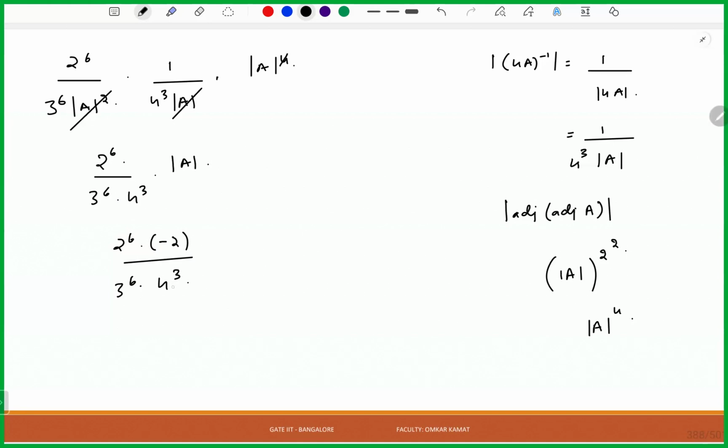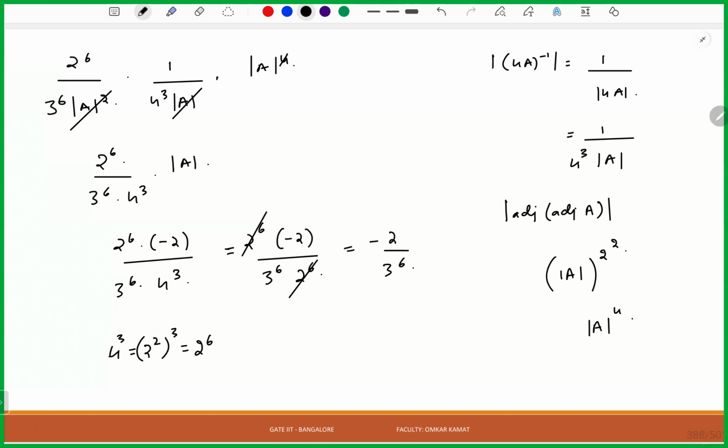This can be written as 2 to the power of 6 into minus 2 divided by, see, 4 can be written as 2 squared. So 4 cube will be nothing but whole cube, which is 2 to the power of 6. So here also we'll get 2 power 6, 3 power 6. It will get cancelled over here. So finally we will have minus 2 divided by 3 to the power of 6.